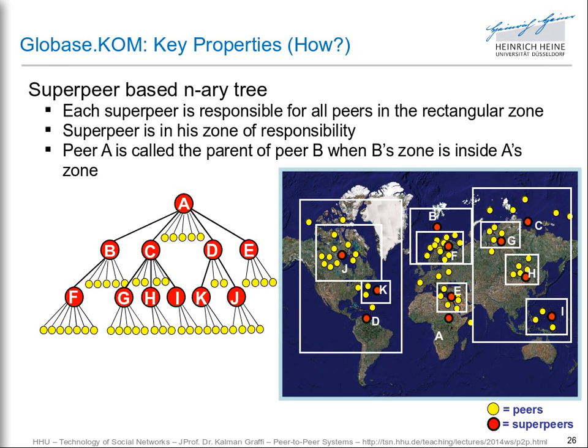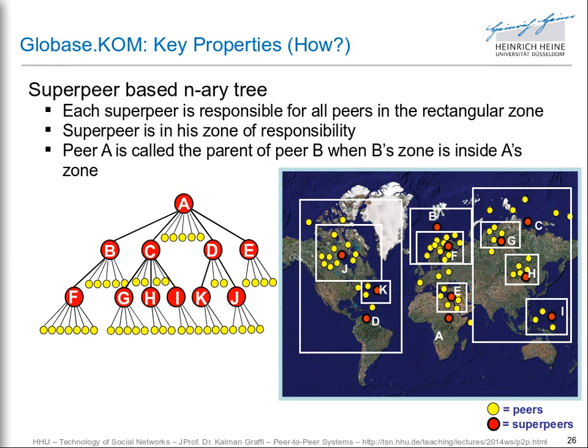Like I said, each super peer is responsible for all peers in the recognized zone. For example, we have this peer K. He is responsible for these two peers, and we can see this in the tree structure. He is K. Here, 3, I don't know why 3, but he should be responsible for these two nodes.